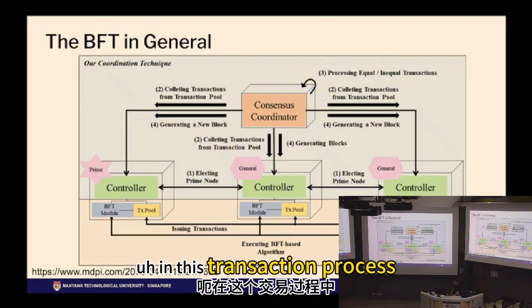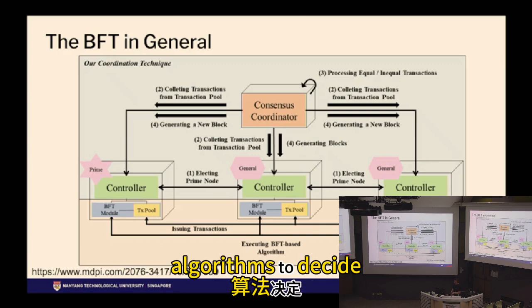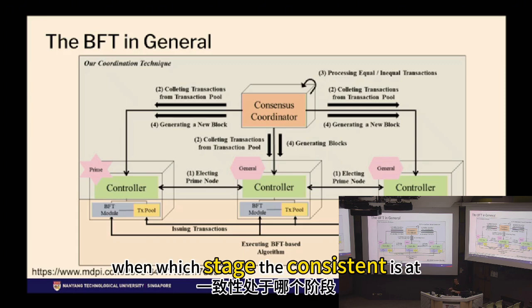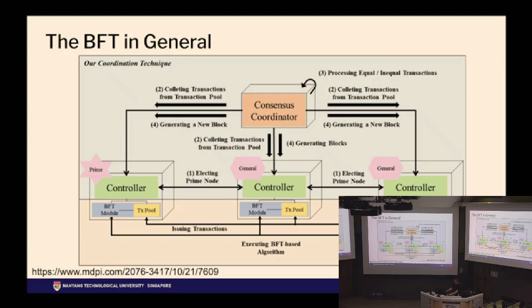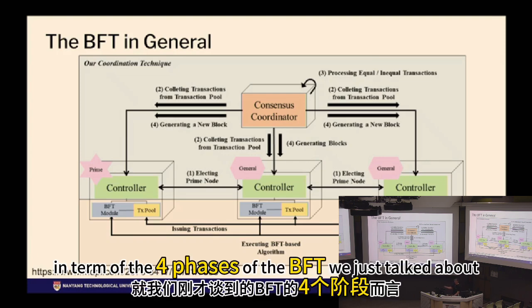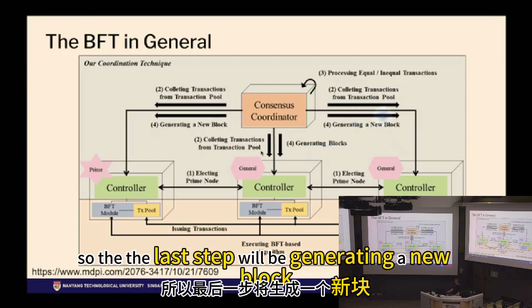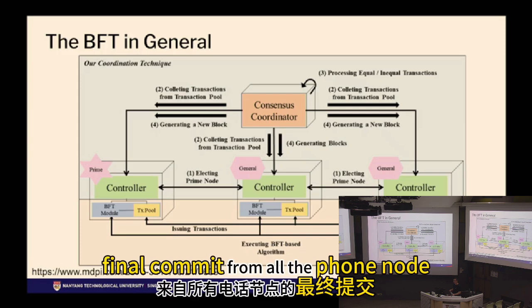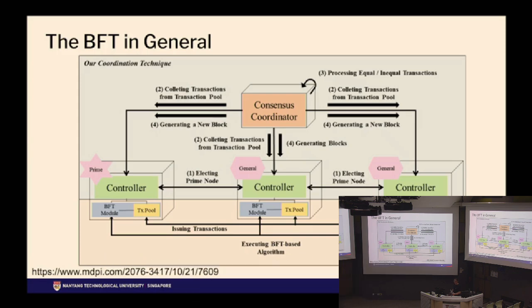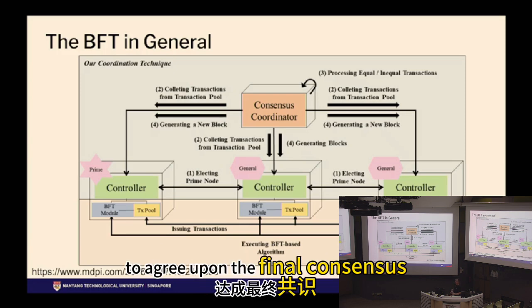In this transaction processing, that's where different consensus algorithms are called to decide which stage the consensus is at and whether we should proceed to the next stage, in terms of the 4 phases of the BFT we just talked about. The last step is generating a new block once everyone from the full nodes agrees on this final commit. So that's in practice how the full nodes coordinate to agree upon the final consensus and generate the block.